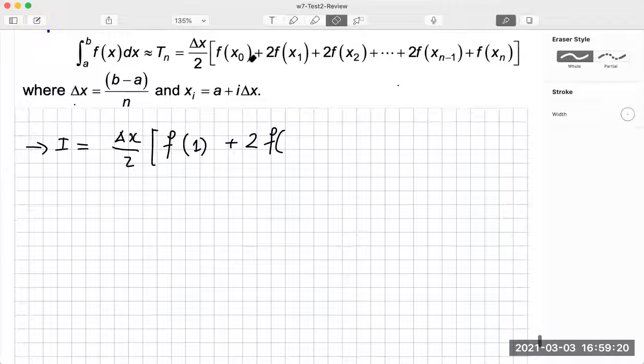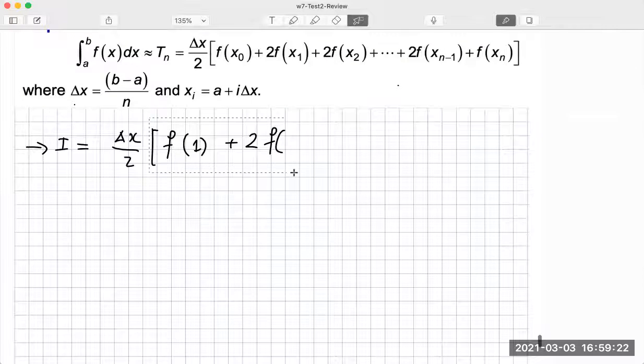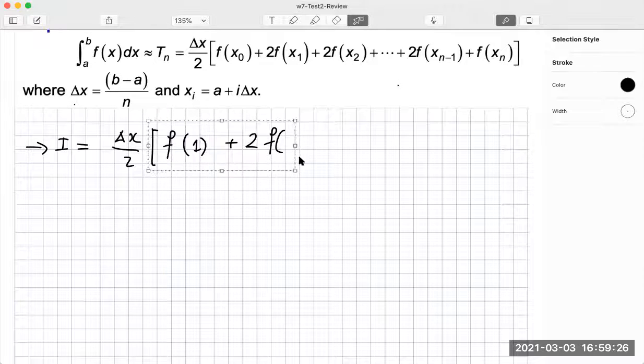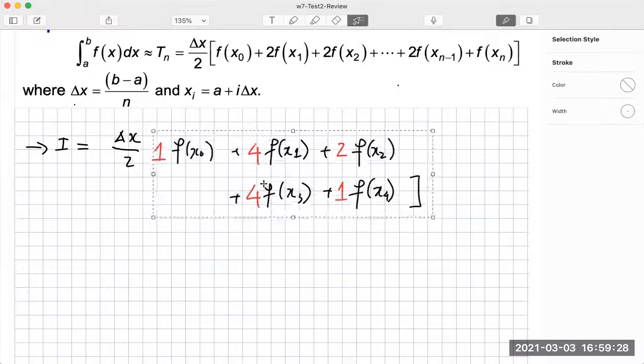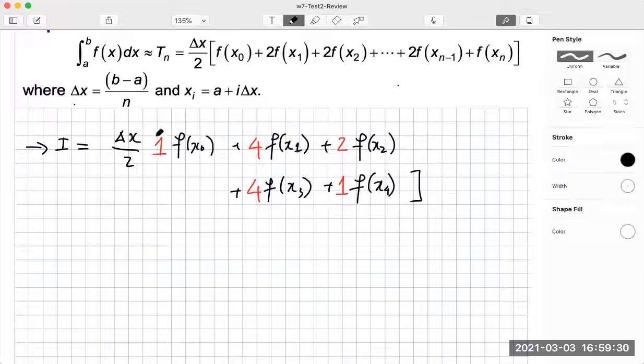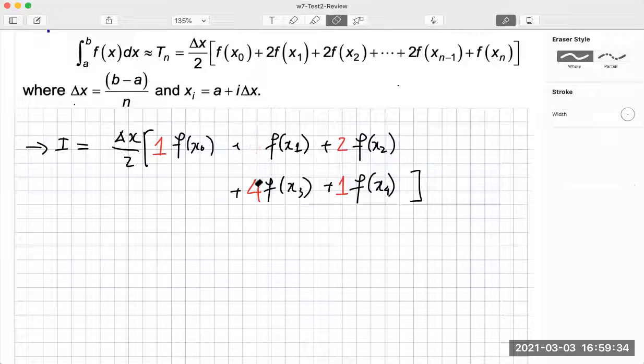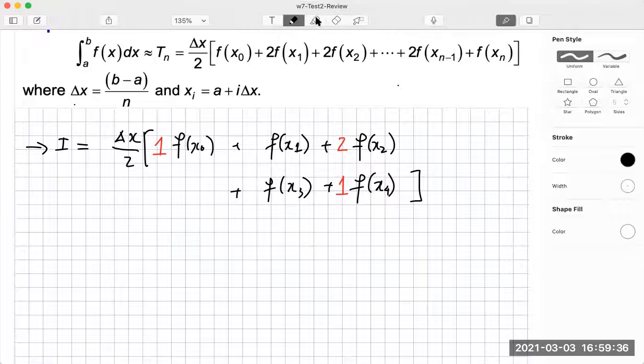Let us just copy it. Okay, but remember the coefficient here is changed. They are all 2.